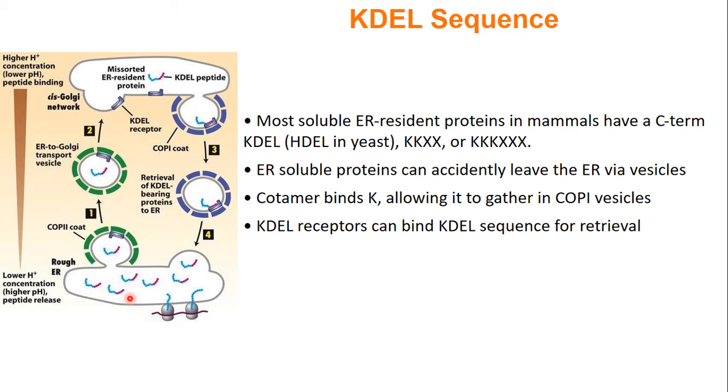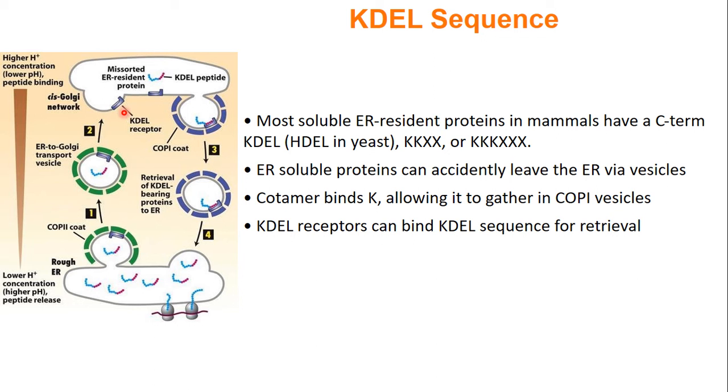So here we have our rough ER, and one of our proteins, whoops, got in the COPII vesicle that was going to the Golgi. Now, once in the Golgi, we have coatomer, which is COPI again. This will bind to the lysine in our KDEL sequence, and so it will bind any ER resident proteins in the COPI vesicles, which are going back to the ER.